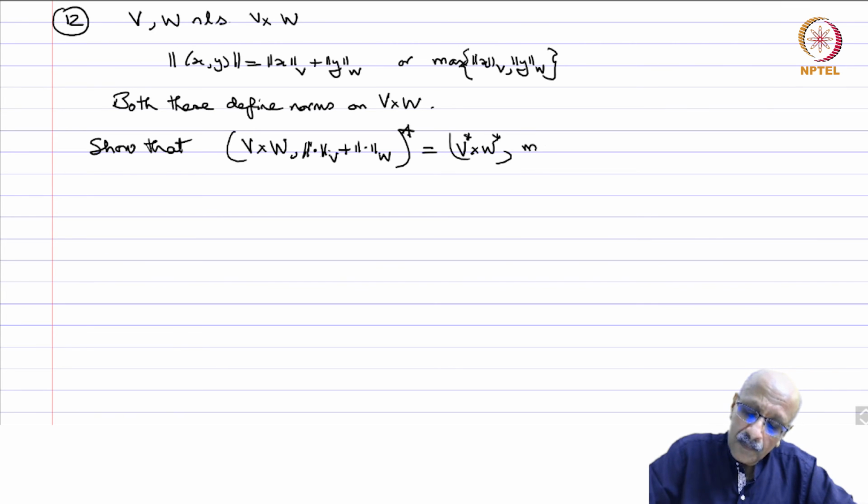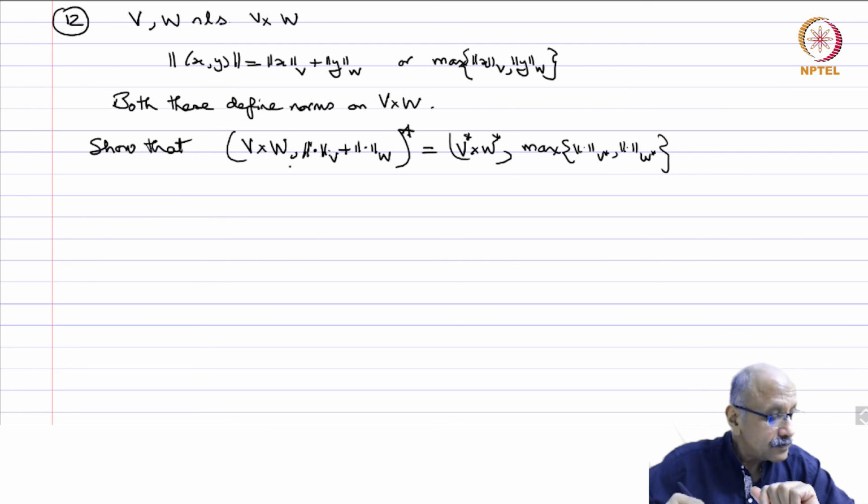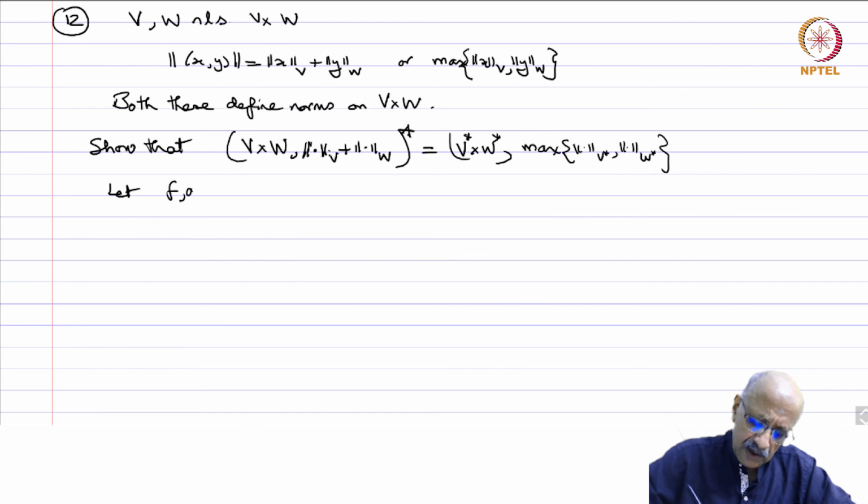And what is the norm? The max of norm V star and norm W star. So V star cross W star is also a product space. It has the possibility of two types of norms, one from norm of V star plus the norm of W star, the other with the maximum of these two. I claim that the dual of the space is precisely this. Okay, so let us take f, g in V star cross W star.